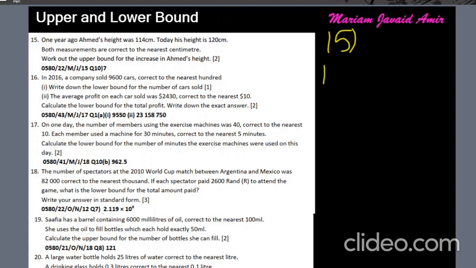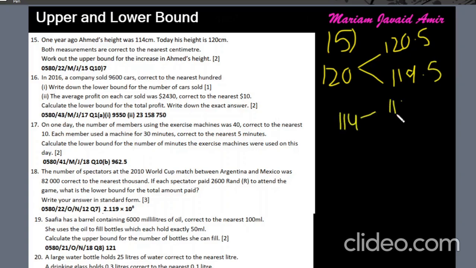So 120 correct to the nearest 1 centimeter means upper bound will be 120.5, lower bound will be 119.5. Similarly, 114 will be 114.5 because we add 0.5 to it, or we subtract 0.5 to it to get the lower bound. Work out the upper bound for the increase in Ahmed's height.